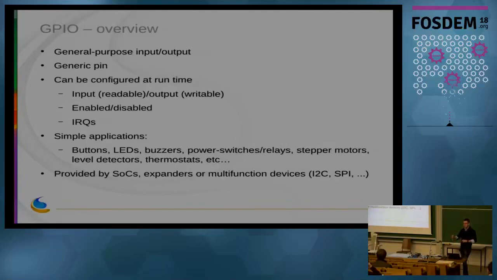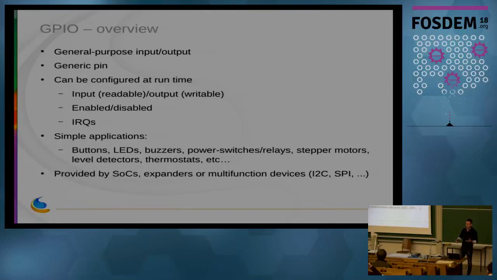When you have buttons, LEDs, buzzers, power switches, stepper motors, or LED detectors, all these devices that basically are enabled or disabled can be driven by, or can drive, the GPIO so that you can interact with them. And we have this concept of GPIO providers and consumers.